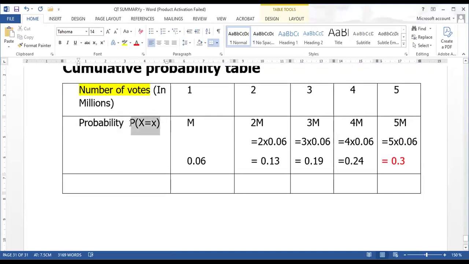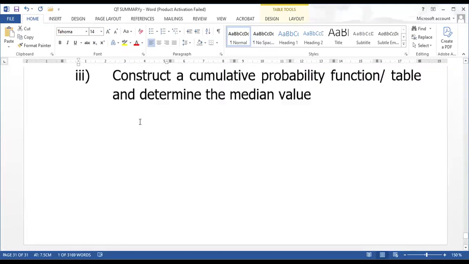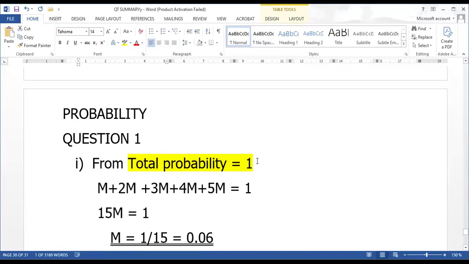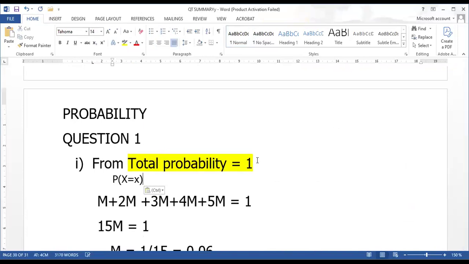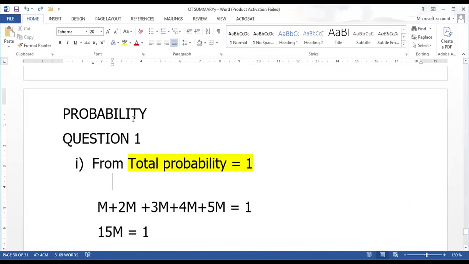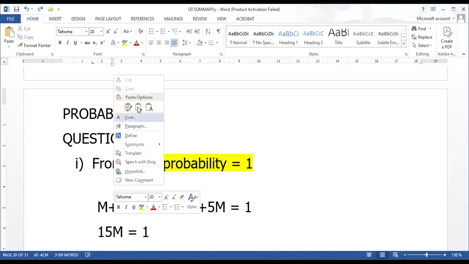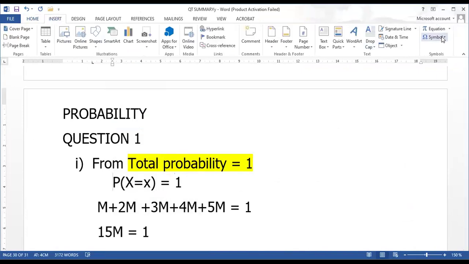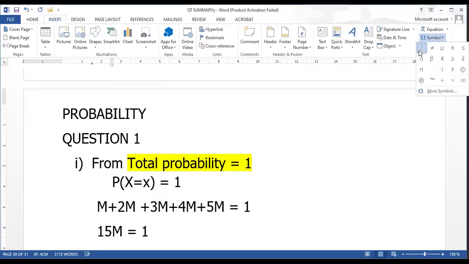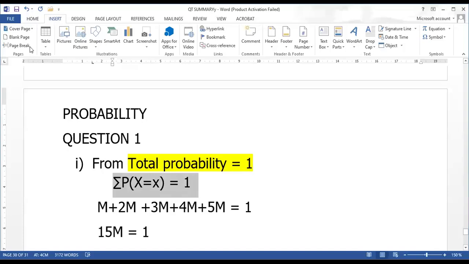So before I add another row, guys, where I say the total probability here, when you're revising and you meet something like this, summation of, when you meet that, don't be surprised.